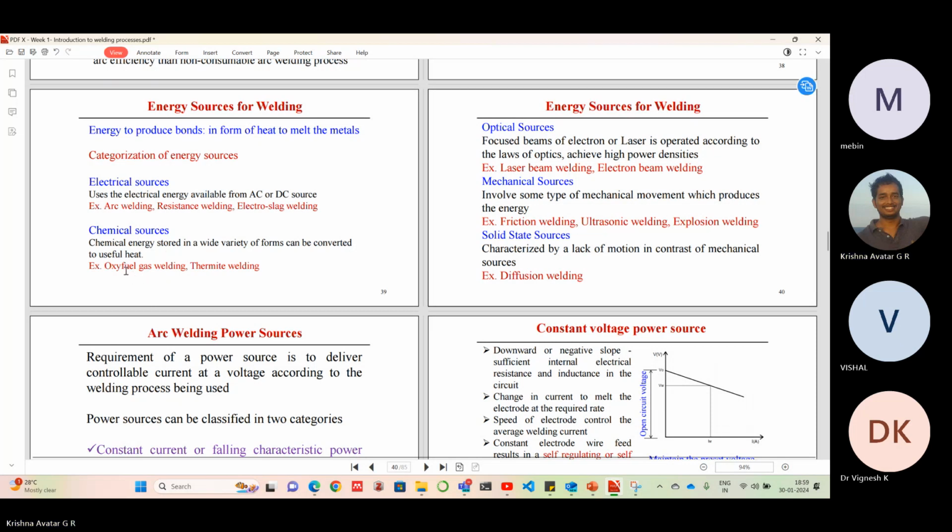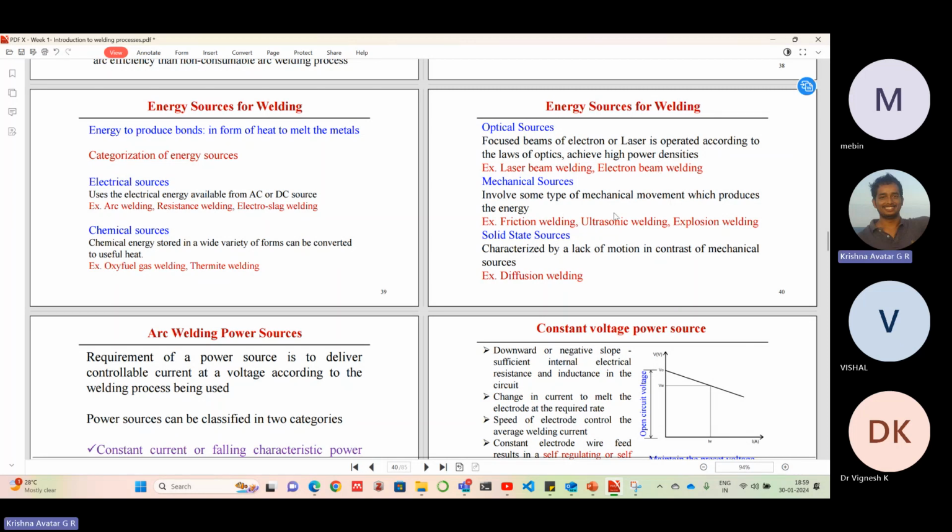Say if you are using oxy-fuel gas welding, then we require oxygen and fuel, and by virtue of the combustion, it creates enough energy to support this welding process. Other sources could be optical sources, say using high powered laser beams. We can induce melting of the filler material and also the base material, so that they tend to form a weld, so to speak.